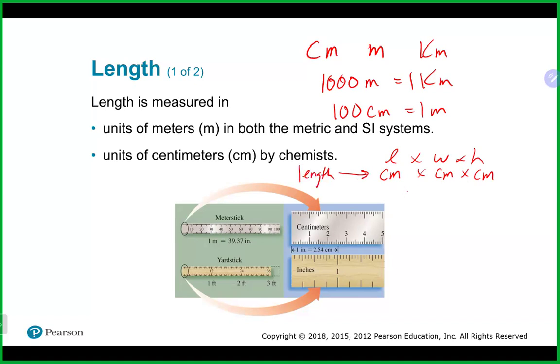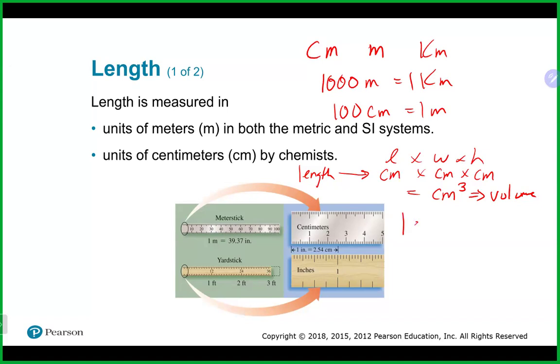But when we multiply them together, we get cubic centimeters, which is actually a volume. So if you take a measurement of a cube, length times width times height, three length measurements multiplied together, you actually get the volume of that solid object. But each of the individual ones are length measurements.